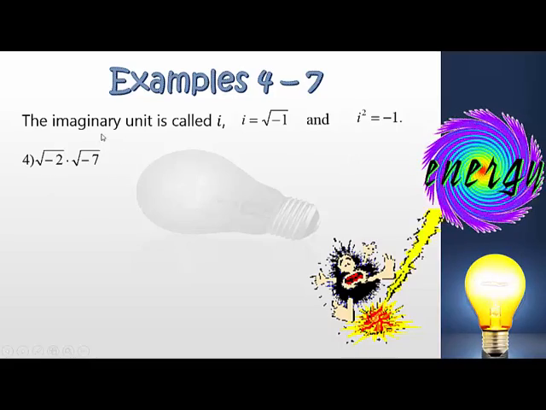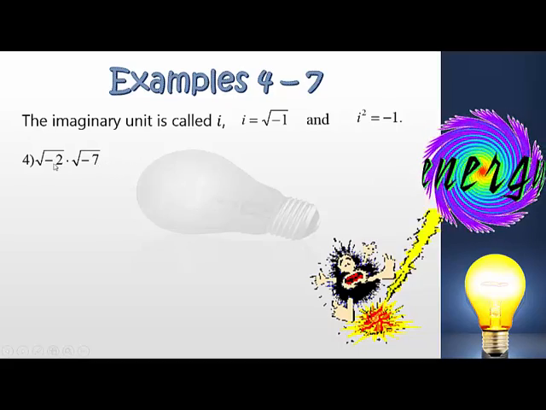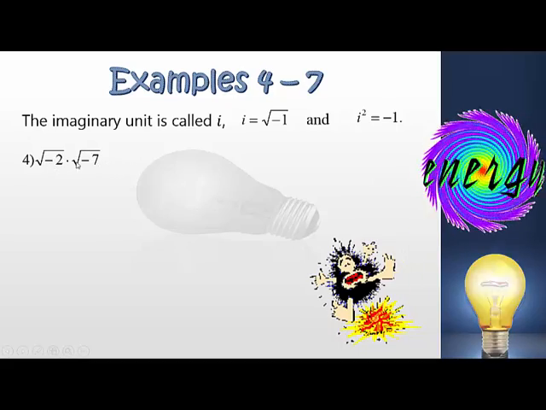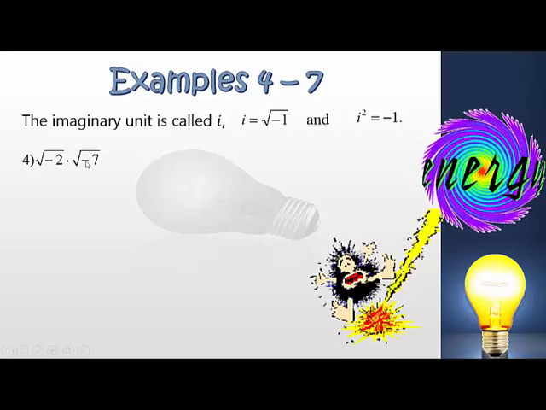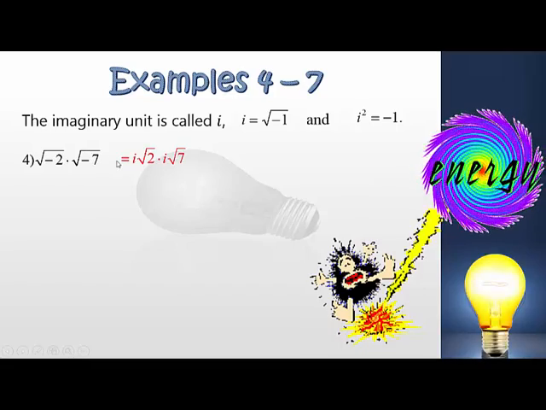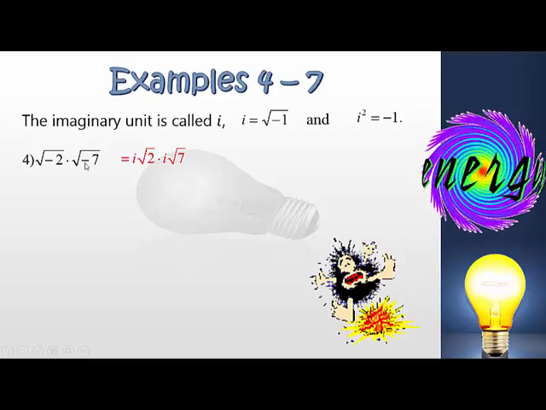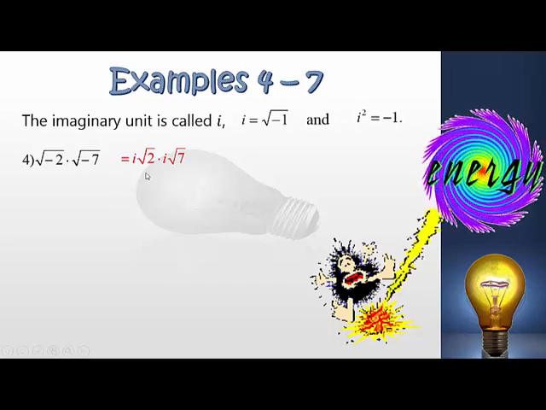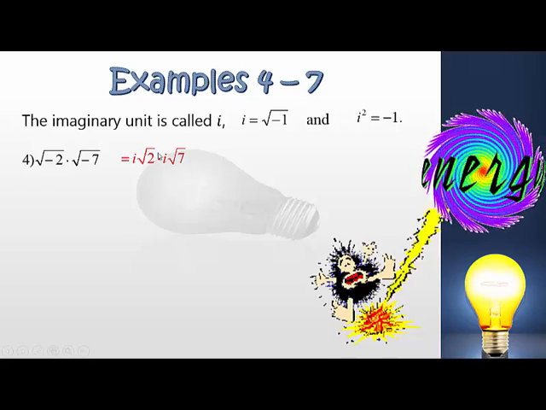So here is the one we just looked at, example number 4, and we see we have a negative inside the radical sign and a negative inside the radical sign here, so that means we're going to have to take those out as i's, because this negative is a square root of negative 1 and this negative is a square root of negative 1, so it would be i square root of 2 times i square root of 7.